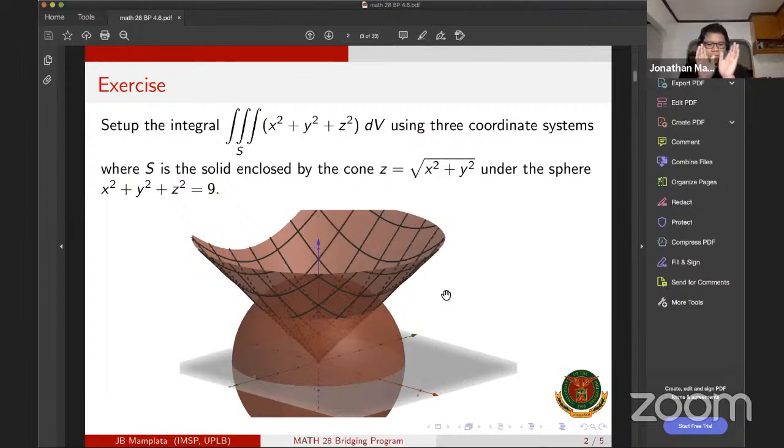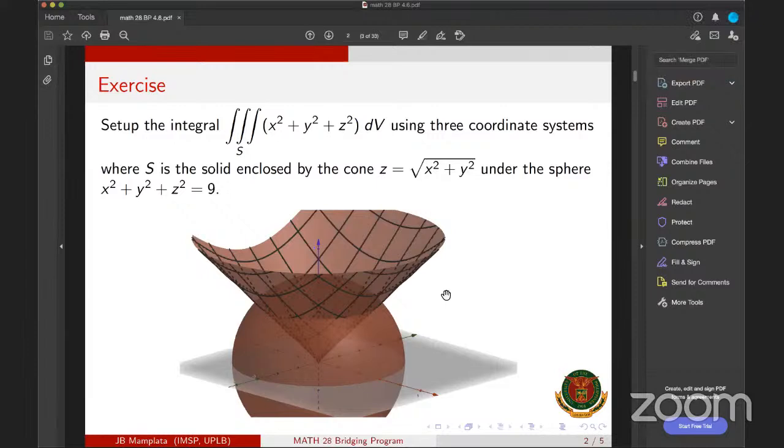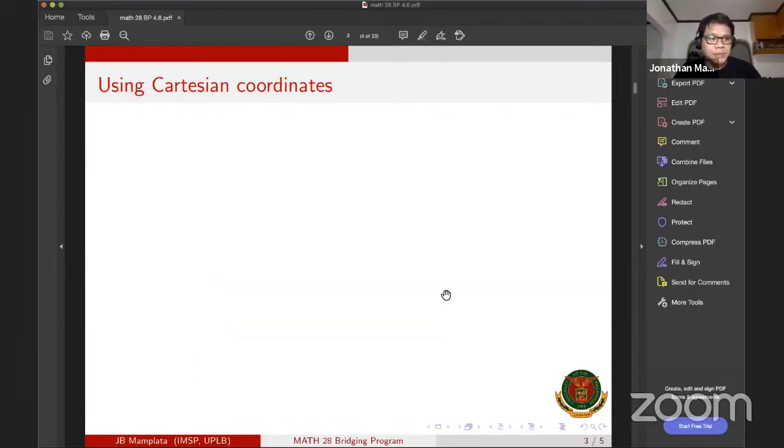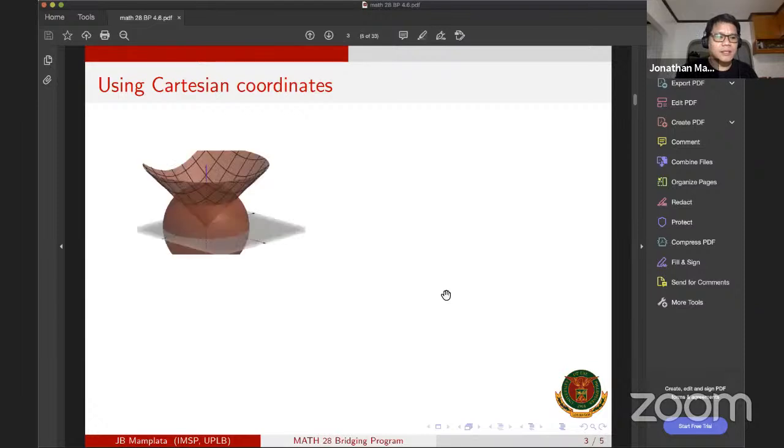So yung nasa gilid natin, lateral surface natin is bounded by the cone, and yung top region natin is bounded by the sphere. Okay? So now let's use Cartesian coordinates in determining the volume of the solid. Okay? So balikan ulit natin yung region. That is the region being considered or the solid being considered. Okay?